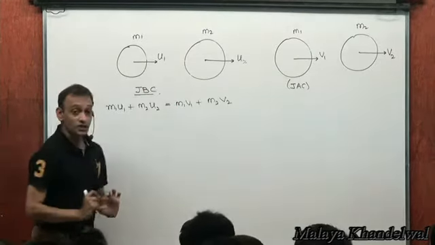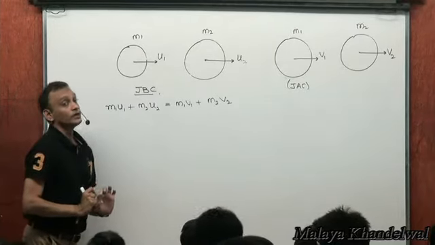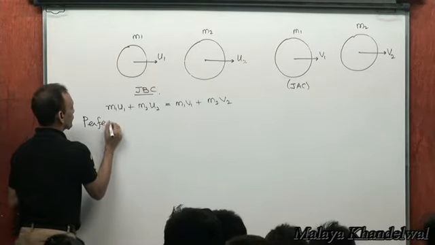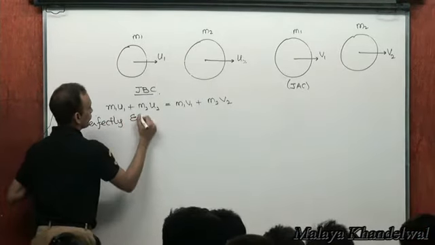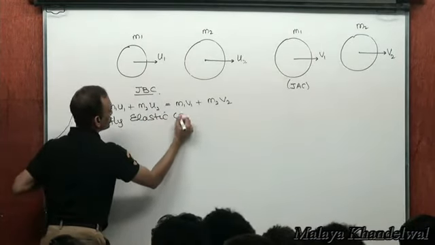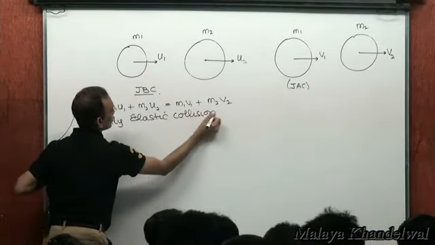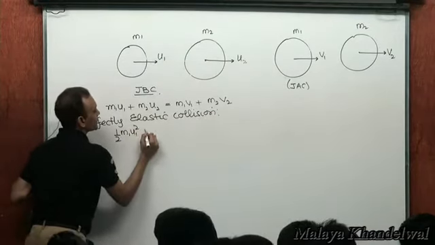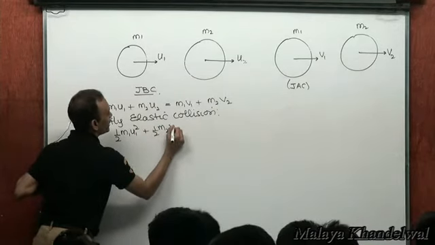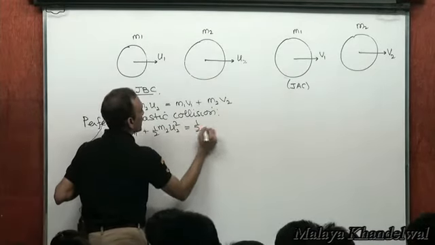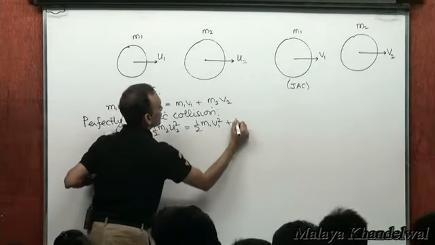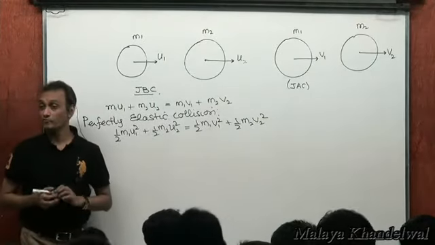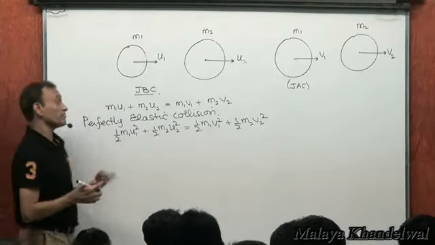As far as the kinetic energy is concerned, in a perfectly elastic collision, the kinetic energy half m1 u1 squared plus half m2 u2 squared must be the same as half m1 v1 squared plus half m2 v2 squared. Kinetic energy remains the same before and after, right? In a perfectly elastic collision.